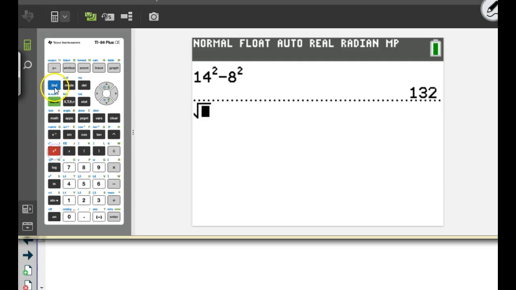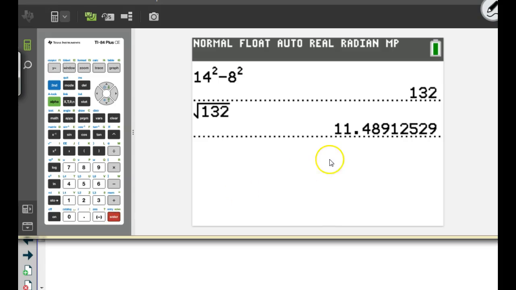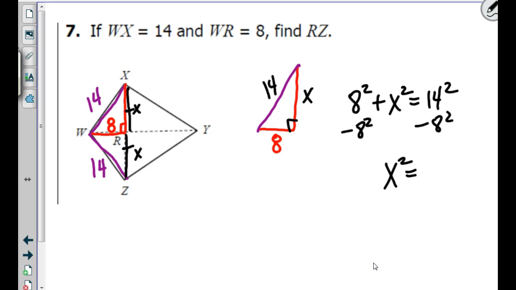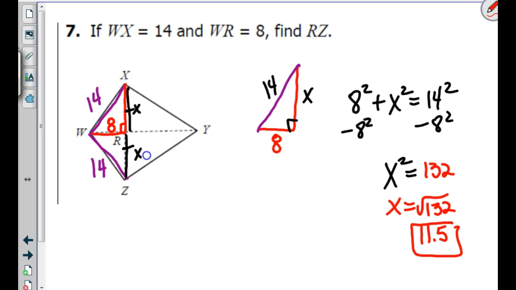And then we're going to have to square root that. 11.5. And I think that's all they asked for. R to Z is just one of those. It's not both of them all the way across. So RZ turned out to be 11.5.